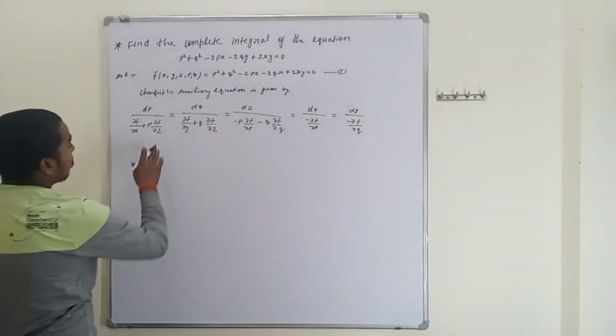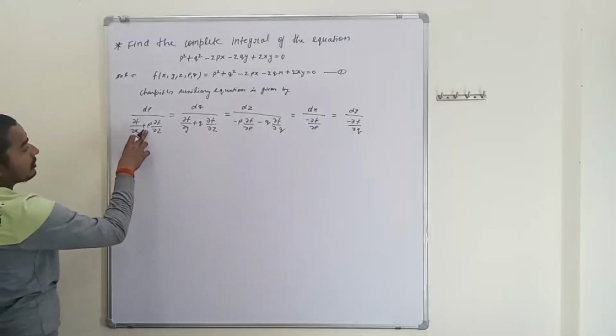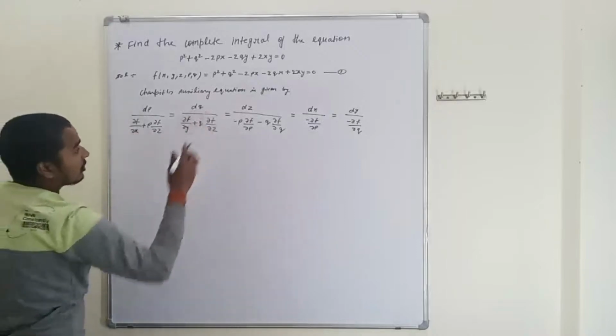Then we have to find del f upon del x plus p del f upon del z using equation 1.